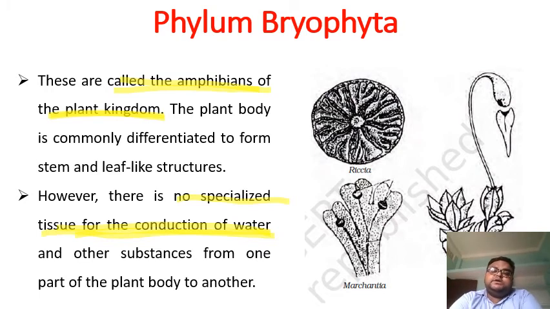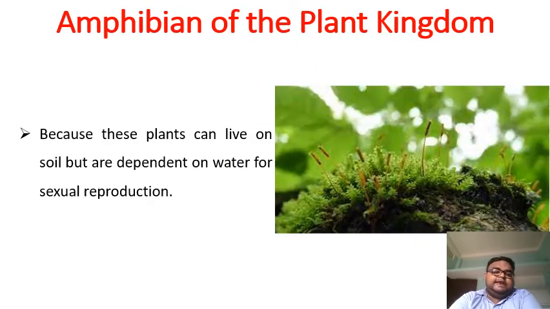Okay, students? Now let's look at some more features of the phylum Bryophyta. I told you that the bryophytes are called the amphibians of the plant kingdom. And why do we call them the amphibians of the plant kingdom, students? Can you think of any answer?